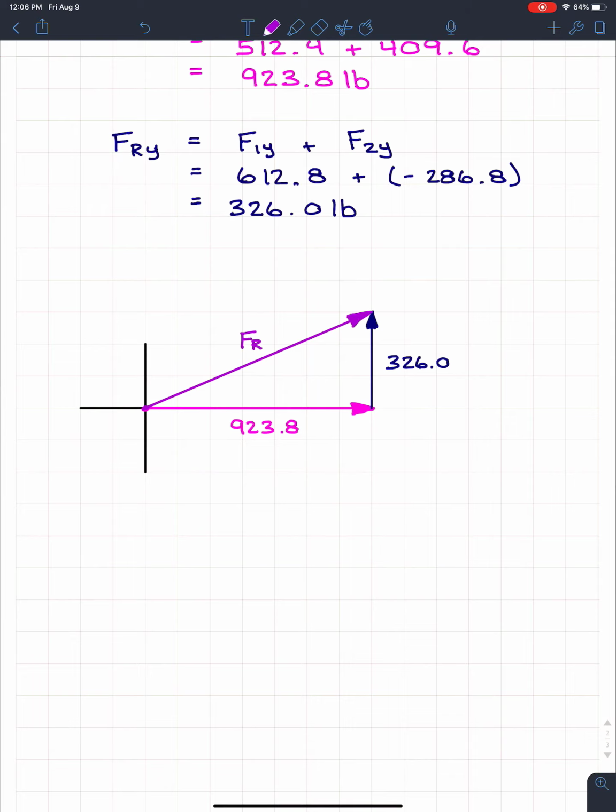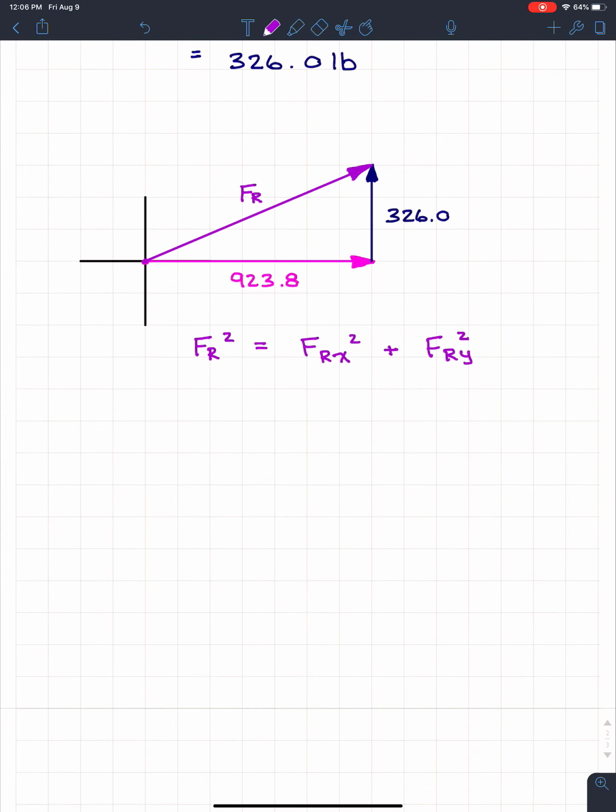So if we know the length of two sides of a right triangle, then we can solve for the third length. And since this is the hypotenuse, we know that FR squared is going to be equal to, and this is the actual formula for 2D, FRx, the x component squared, plus FRy squared. So it's just c squared is equal to a squared plus b squared. It's that simple. So I'm going to move the squared sign to the other side just to skip a step.